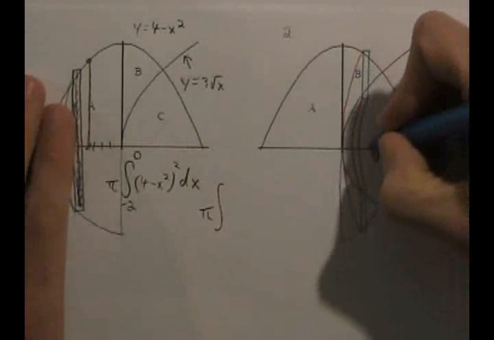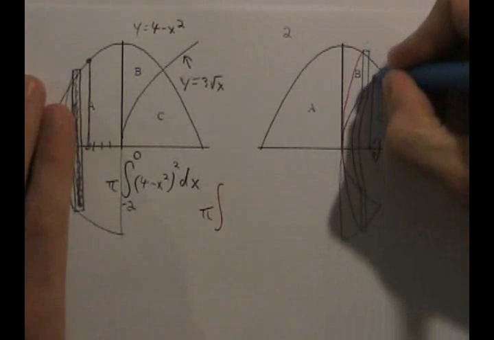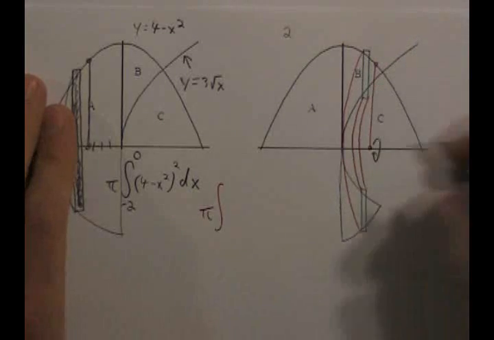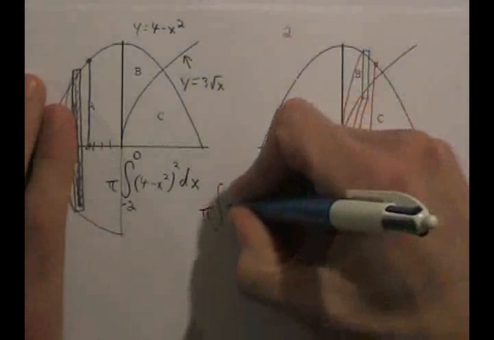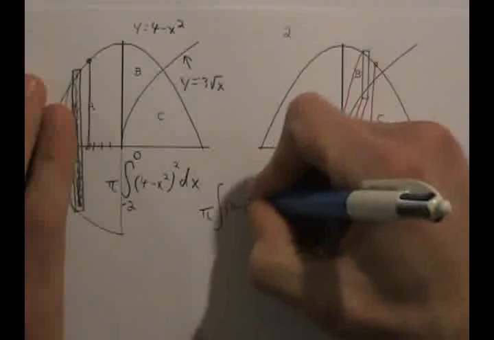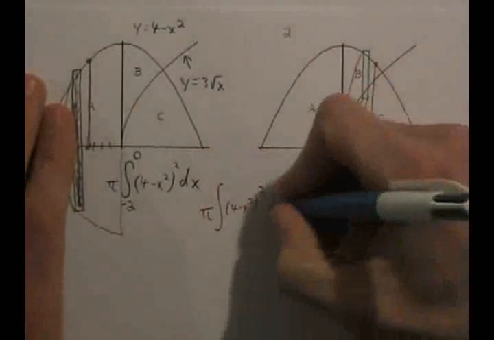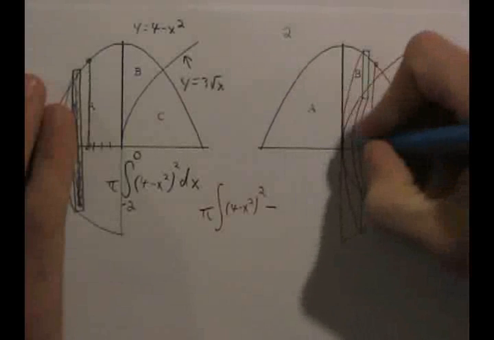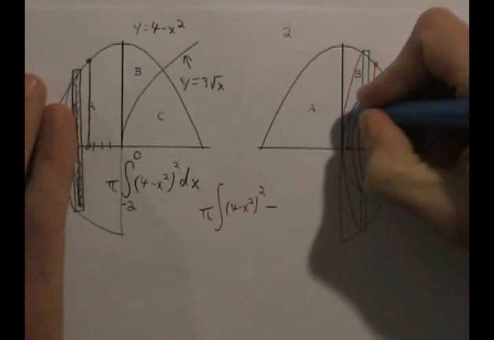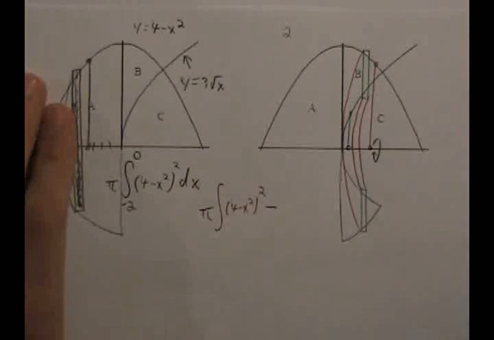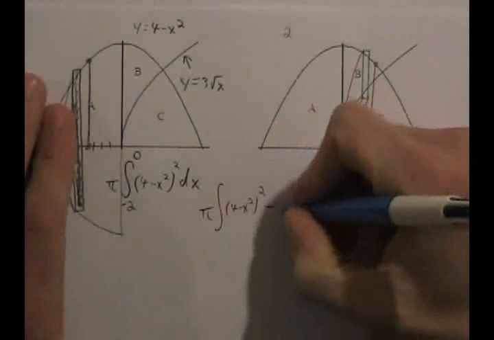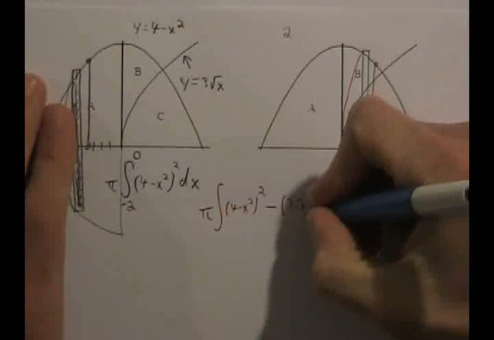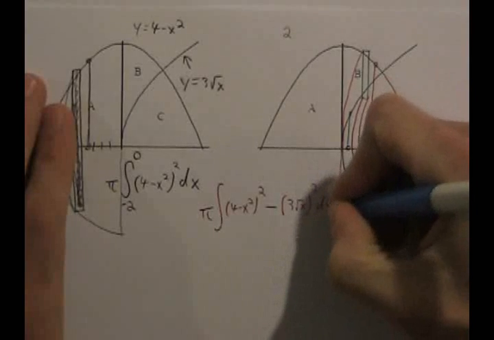The outer radius is from the axis up to the parabola, and that's 4 minus x squared. So that'll be 4 minus x squared, outer squared, minus the inner radius, which is just the other function, 3 radical x. So that'll be the outside minus 3 radical x, quantity squared, dx for thickness.